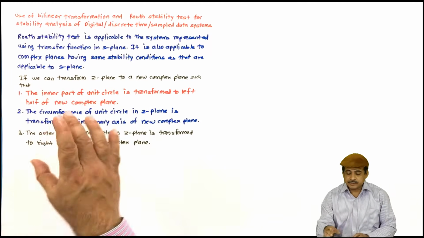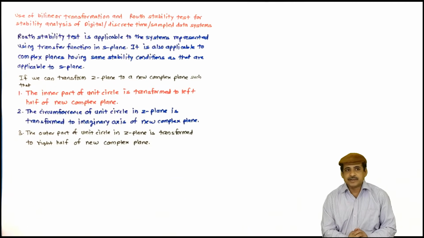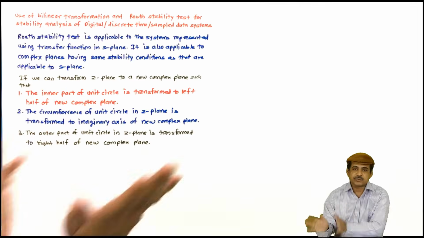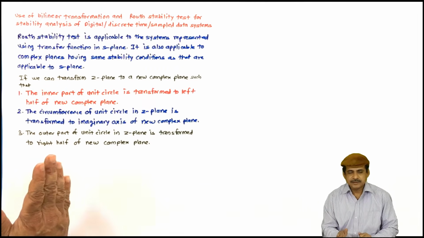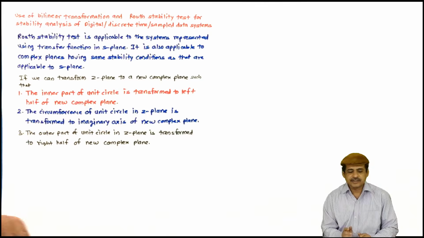So if these three conditions are satisfied, then such a transformation that we are going to use is called bilinear transformation. And the plane which satisfies these conditions is the W plane.